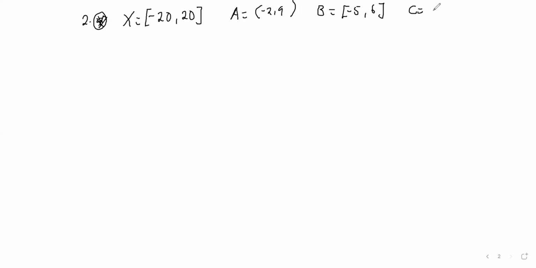C is [-20, -1) union (8, 20]. So that's our C. So X is acting as the universal set. So this is the universal set.